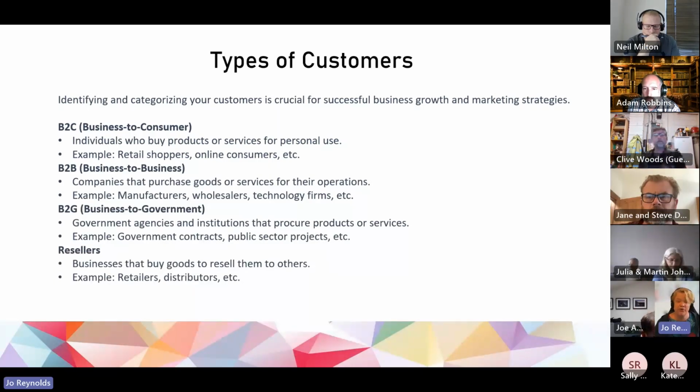B2B are people who have the autonomy to change your pricing and to change your items. They are the end user of it. Resellers are if you are wholesaling out to people. So again, Neil and Adam, you might use resellers, hamper companies, for example, or farm shops and so forth. They're resellers. They are not B2B. They are different. This is about who the end user is.